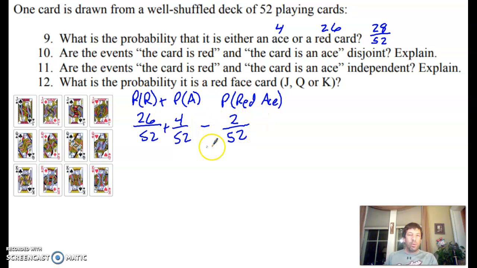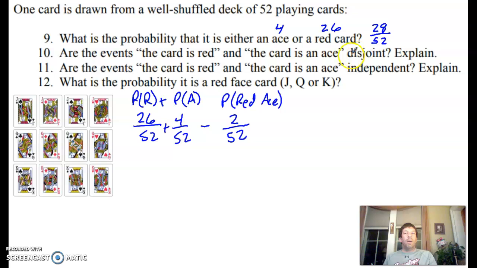The reason we would subtract that is because we've added it in twice. Okay, so we've already counted it once here, and then we counted it again here, so we need to subtract it over here. So if you look at that, 26 plus 4 is 30, minus 2 is 28. So we do get 28 out of 52.